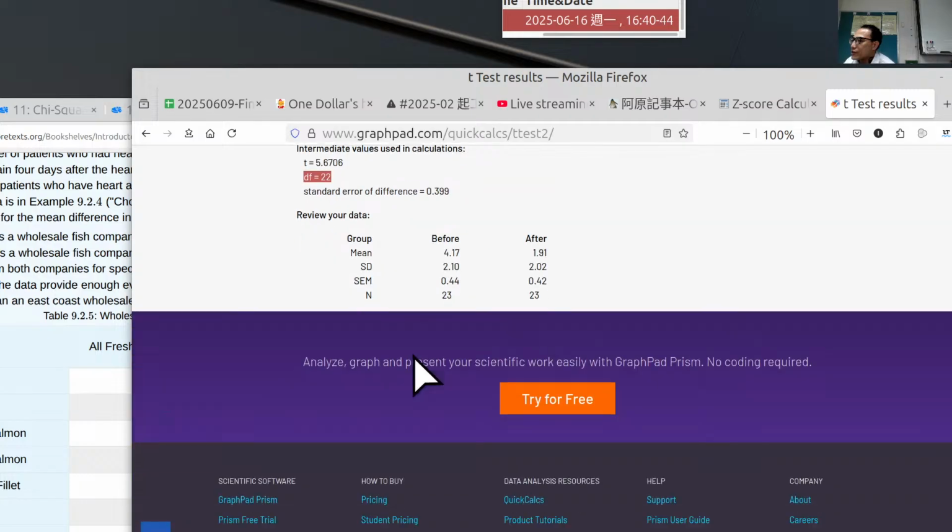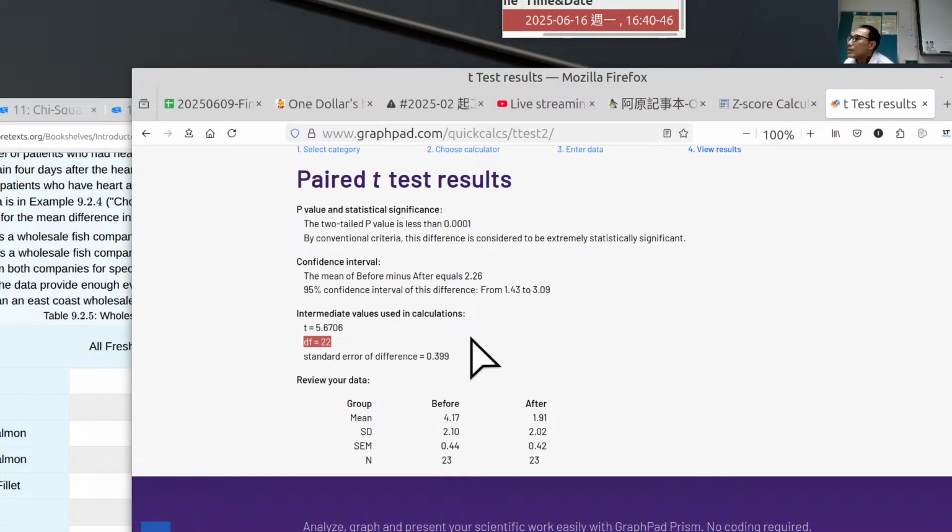The p-value is here 0.0001 or less than that, and it's a significant result to say yes, this treatment is very significant to reduce the pain.